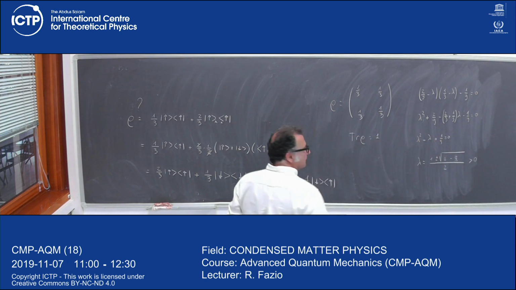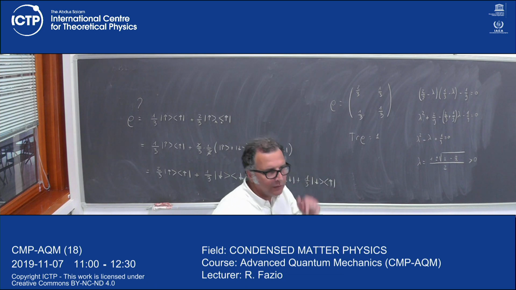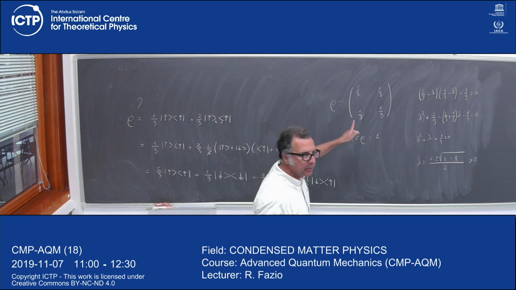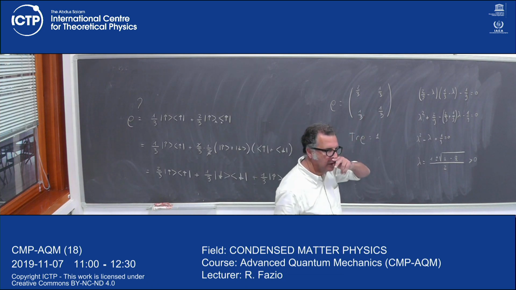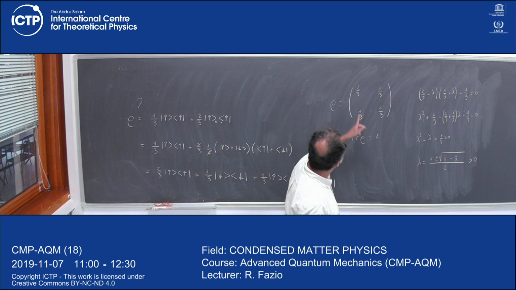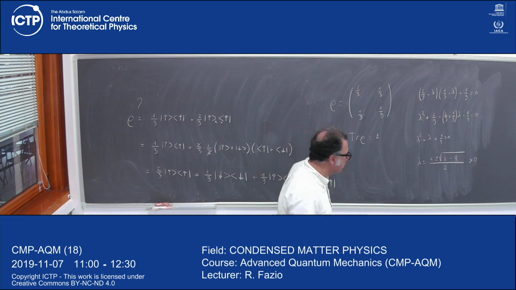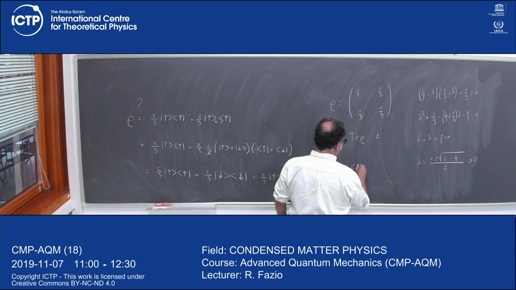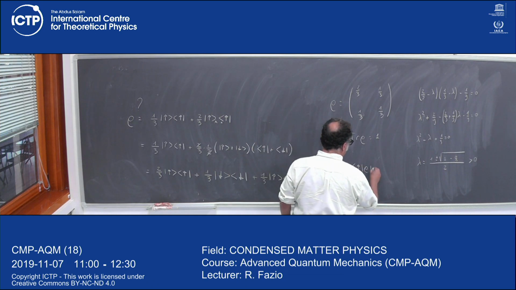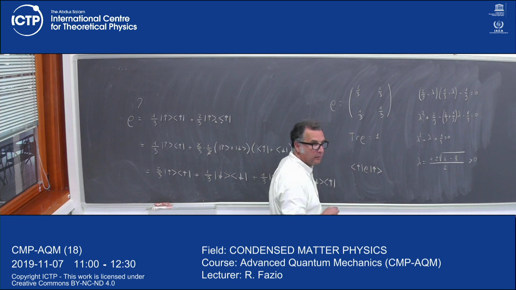Now I try to go back to your question, which meanwhile I forgot. What is the probability that the system is in up? The probability that the system is in up is computed by just taking up, rho, up, which is 2/3.